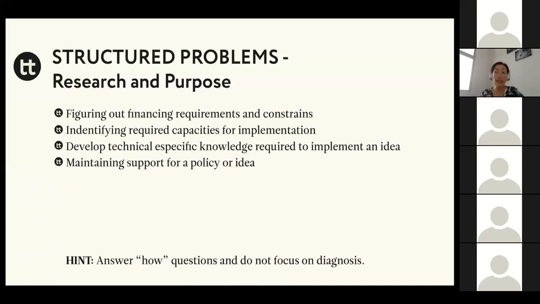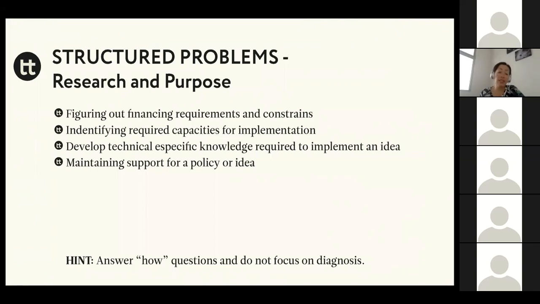For example, let's think about a social program that there is a general consensus works, but there are now some groups that are talking about eliminating it because it consumes too many resources from the budget.